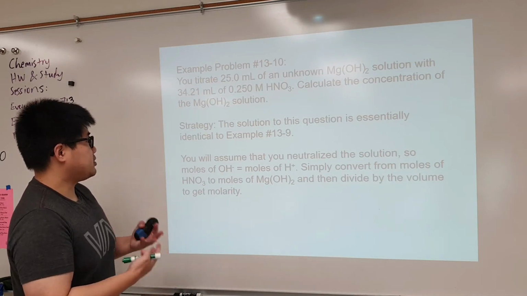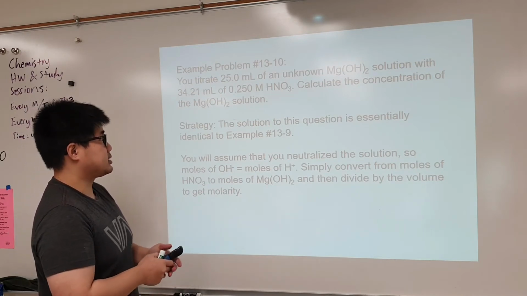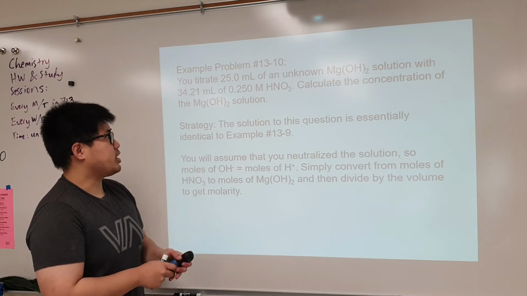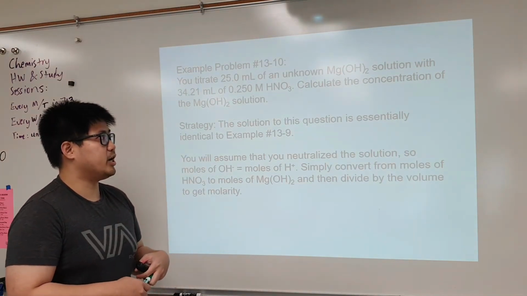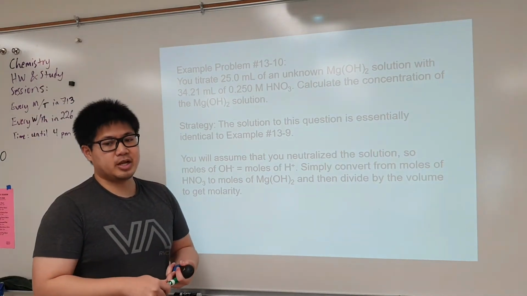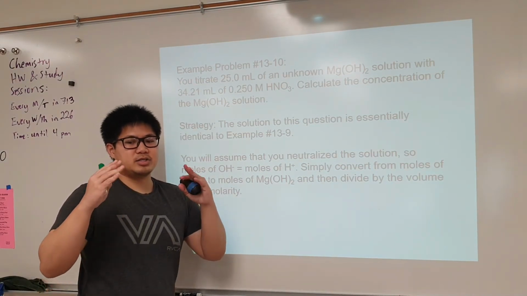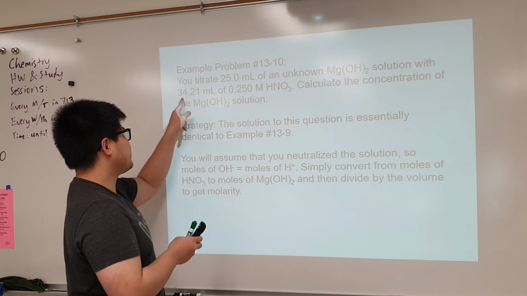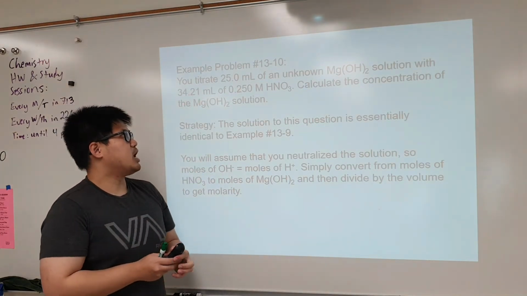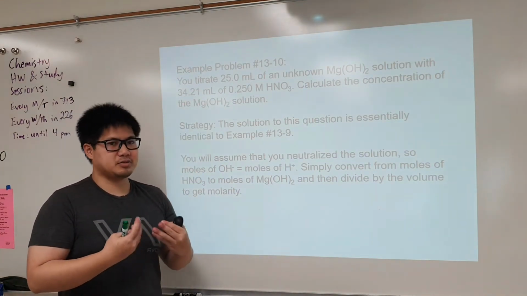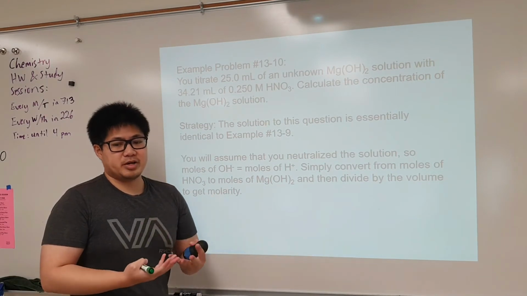So the second example that we're given is this. You are titrating 25.0 milliliters of an unknown solution of magnesium hydroxide, and you're going to use exactly 34.21 milliliters of a 0.25 molar solution of HNO3.